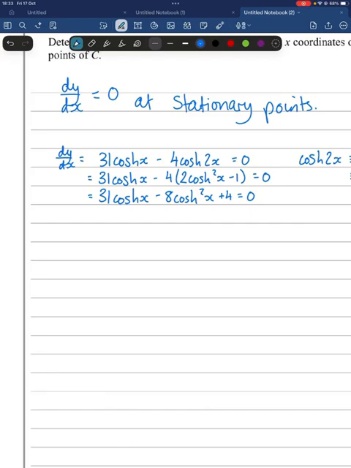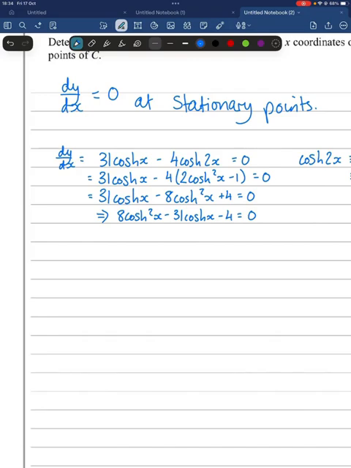Now this is going to be a hidden quadratic because we've got minus 8 here. We'll just move everything to the other side. So what we get is 8 cosh squared x minus 31 cosh x minus 4 equals 0.